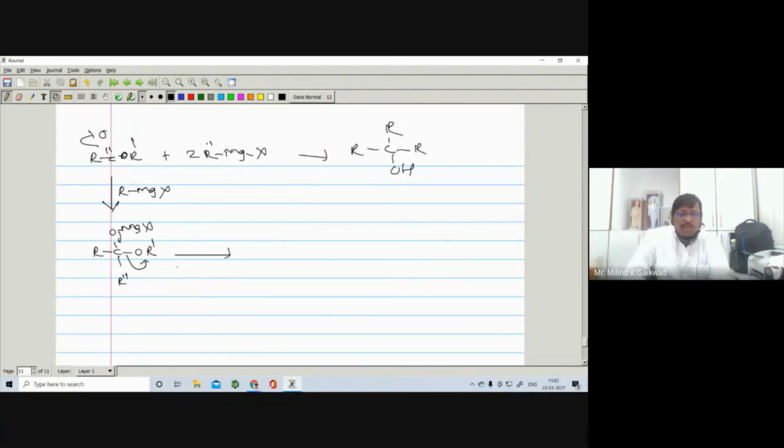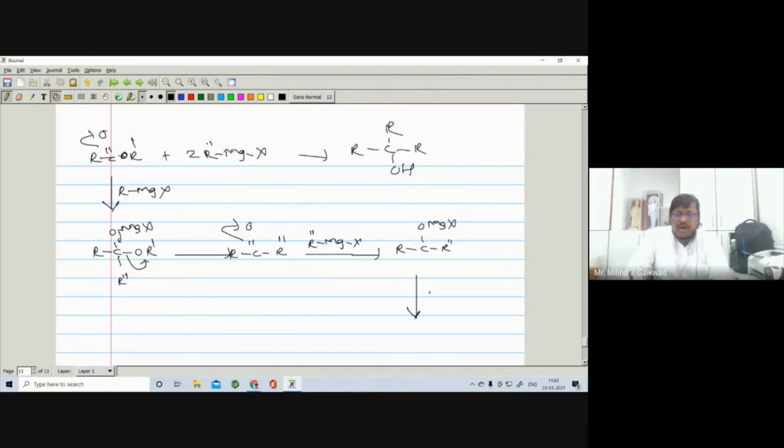And there is removal of OR dash, and you are getting the corresponding R, C double bond O, R double dash, plus a second molecule of RMgX in the presence of dry ether. The pi bond opens on the oxygen, O negative, C positive. So you are getting the corresponding magnesium complex, R double dash, here is OMgX.